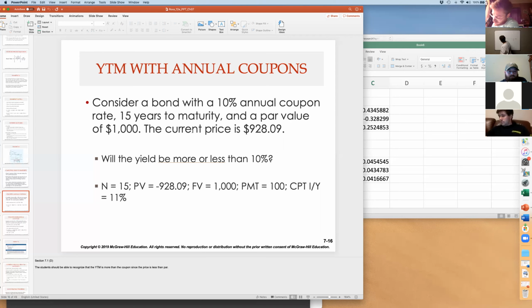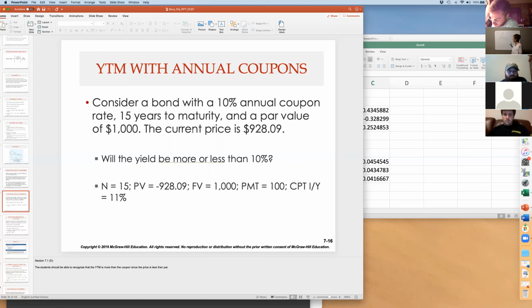It's paying annual coupons. They're going to be 10% of 1,000, and they're going to be annually paid 15 times. And then they're going to pay all the principal back at maturity in a balloon form.